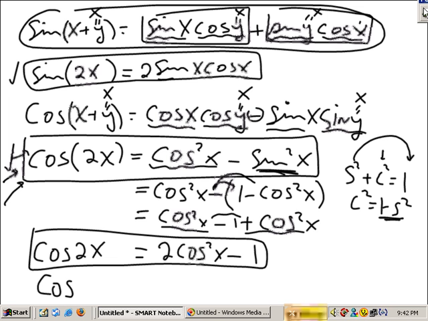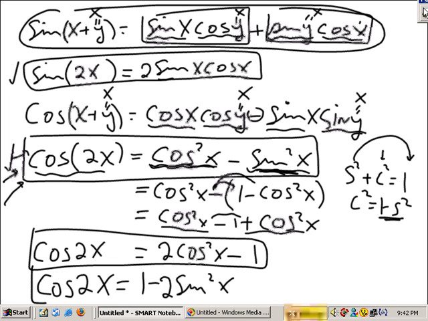So cosine of 2x is equal to, I just copied this, cosine squared x is 1 minus sine squared x. Take away another sine squared x. That is, I'm taking away 2 sine squared x's. Here is another formula for the double angle formula for cosine.